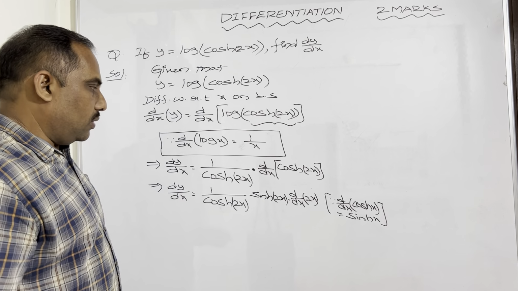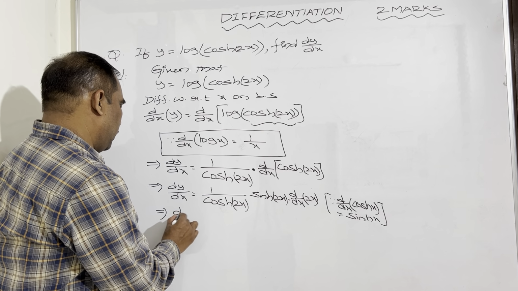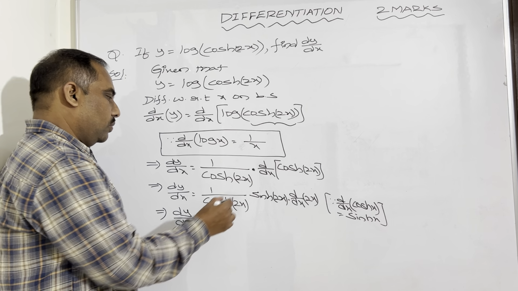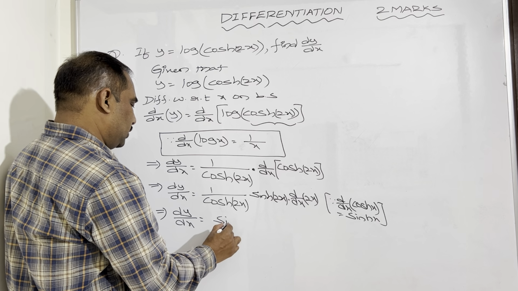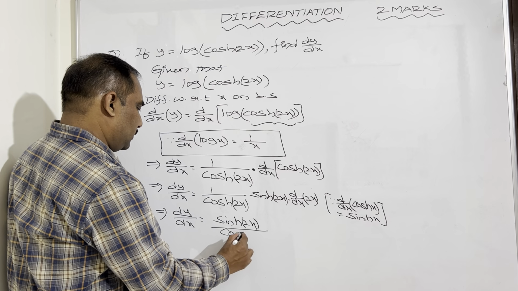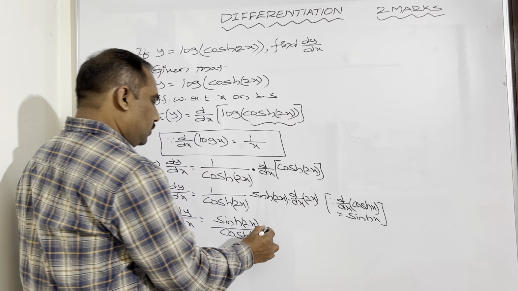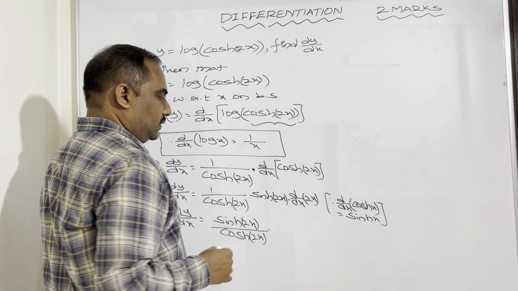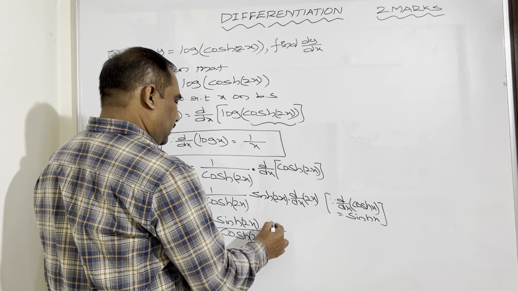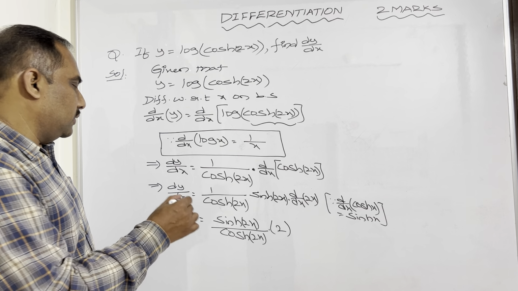So which implies dy by dx is equal to sin h 2x by cos h 2x into the derivative of 2x. The derivative of 2x is 2 into d by dx of x. So that's why d by dx of 2x is 2.